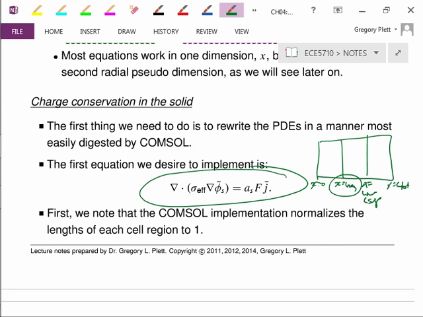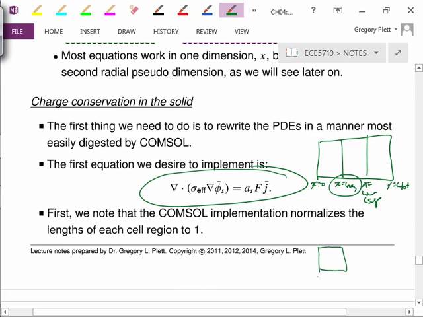That won't work. Instead, what we do is we define normalized coordinate systems. So the negative goes from x bar equals 0 to x bar equals 1. The separator also in COMSOL is going to go from x bar equals 1 to x bar equals 2, and then the positive up to x bar equals 3.